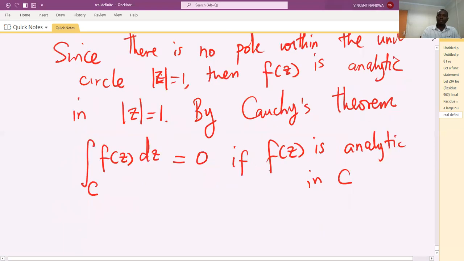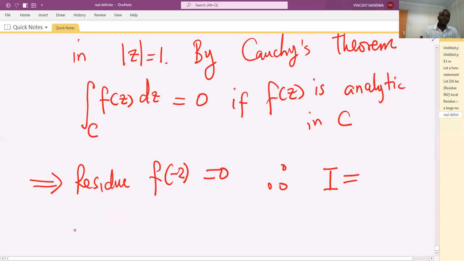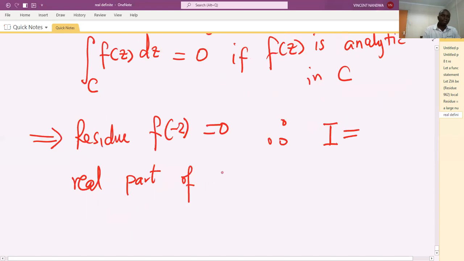Hence, this implies that the residue at that given point is 0. Therefore, I, which equals the real part of negative i over 2 integral along C of dz over (z plus 2), is equal to 0.